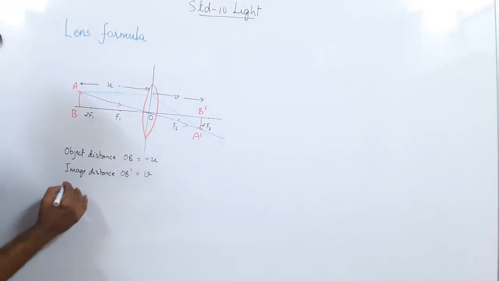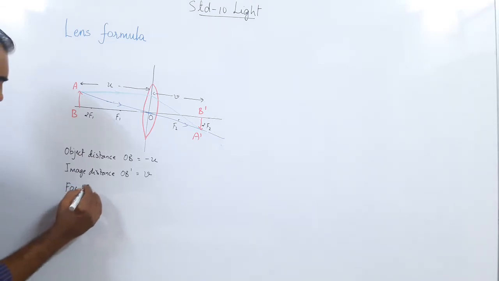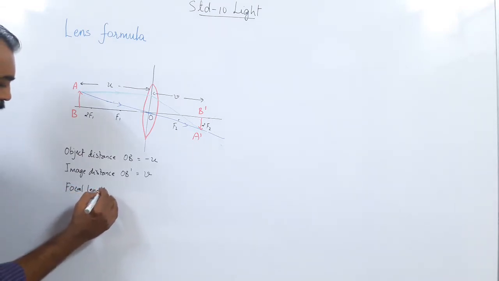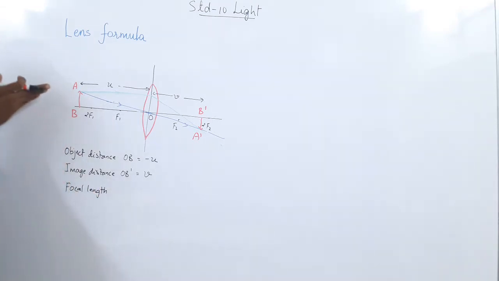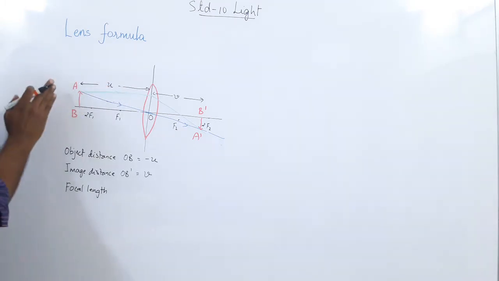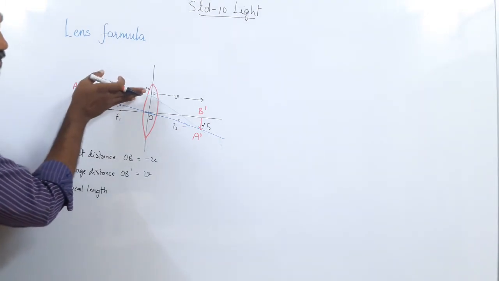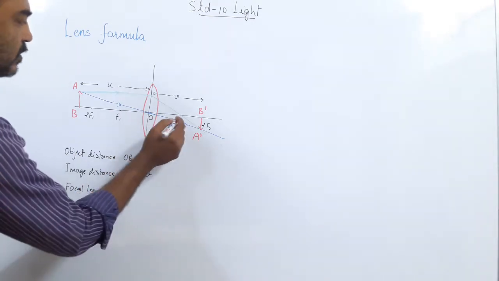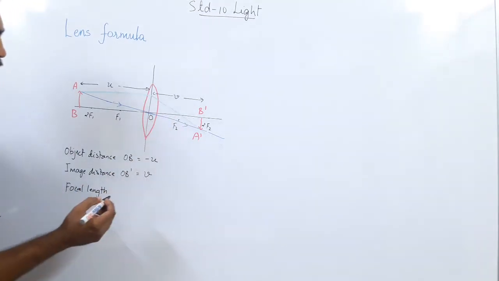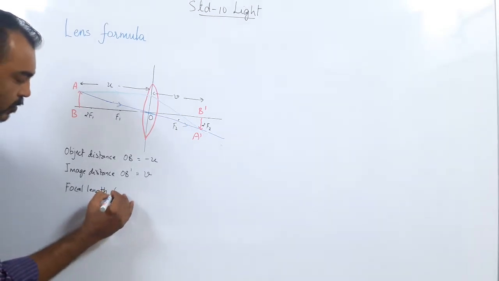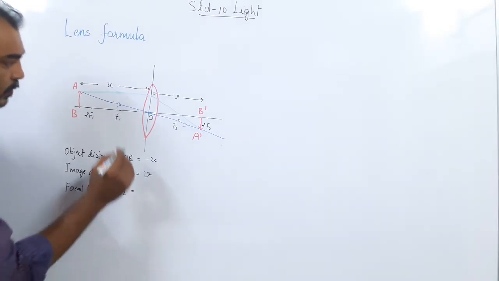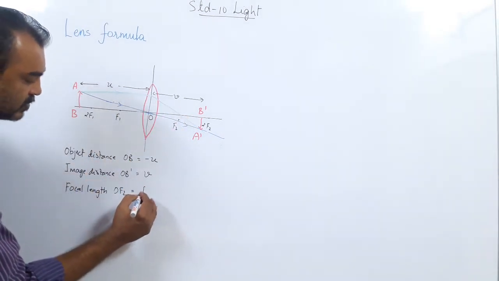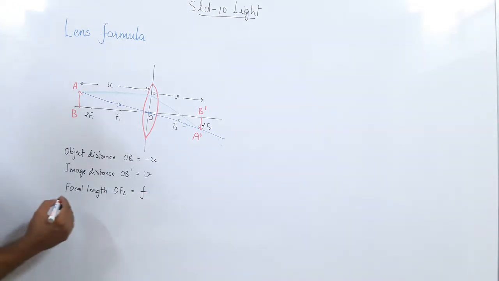The focal length: for the lens, if the object is on the left side, then the light after the refraction travels on the right side. So the focal length is OF2.